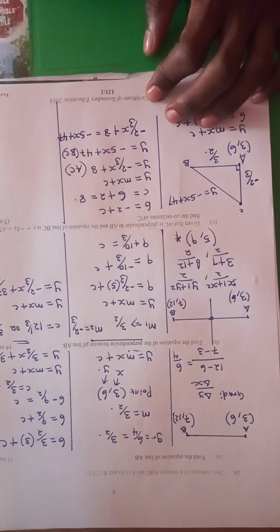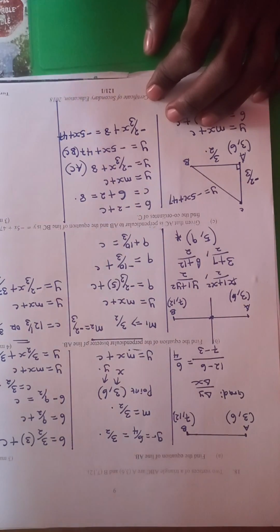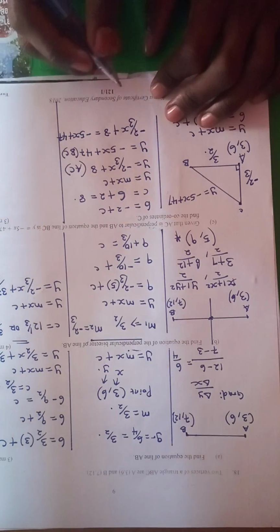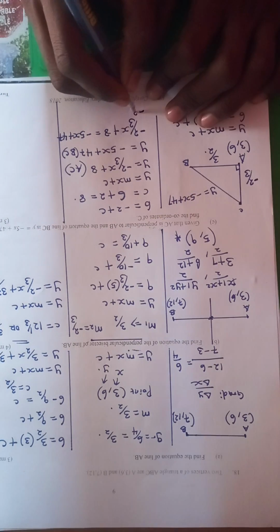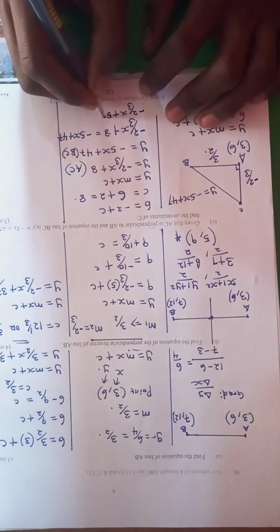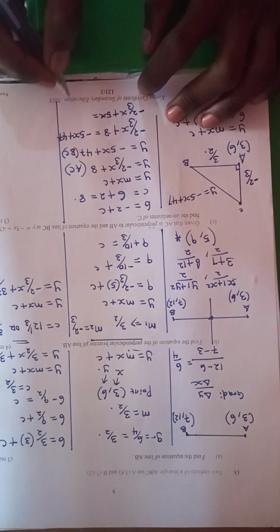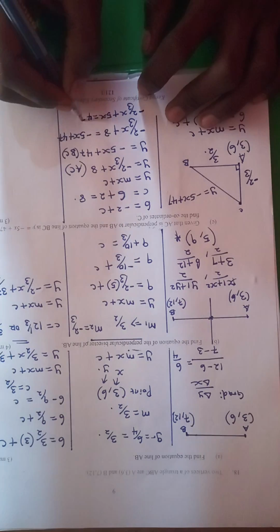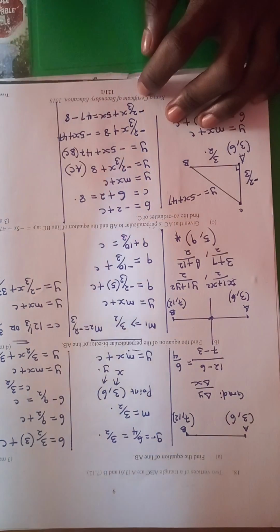So at this point, we are going to collect the like terms. For the like terms, we take this negative 5x to this side. This will be negative 2 over 3 x and then plus 5x. We are going to take the positive 8 to that side. This becomes 47 minus 8.